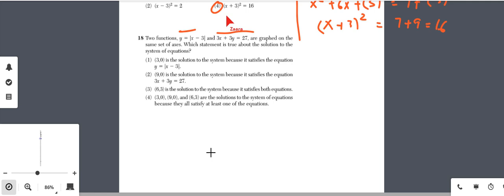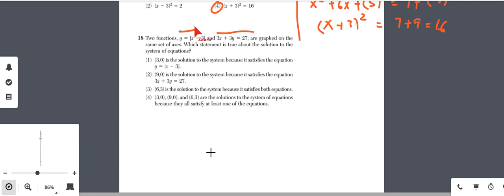So the first equation is y equals the absolute value of x minus 3, not only x minus 3. The solution point is 6, 3. Okay, I will also check it.